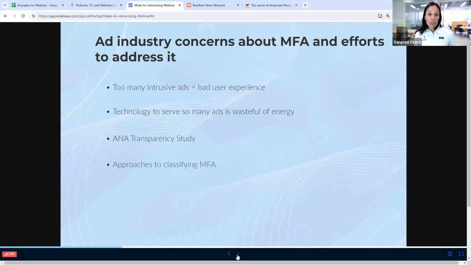There are a number of approaches to classifying MFA besides ours in the industry, some really great ones. The ANA transparency study used a couple of providers who detect made for advertising sites using different methodologies. In particular, Jounce Media and DeepSea.io have lists of made for advertising sites.